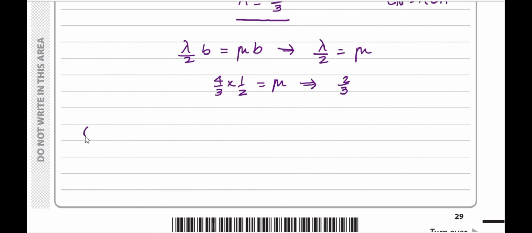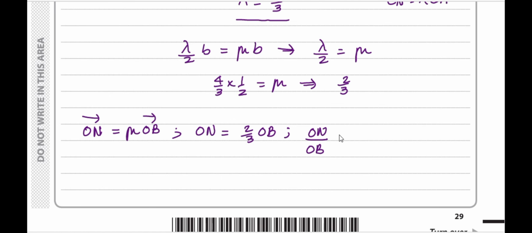We had assumed that vector ON is equal to mu times vector OB. Therefore, ON should be equal to 2/3 OB. Therefore, ON over OB as a ratio should be equal to 2 over 3, which means ON to OB equals 2:3, but we need ON to NB as per the question, and that should be equal to 2:1. Hence proved.